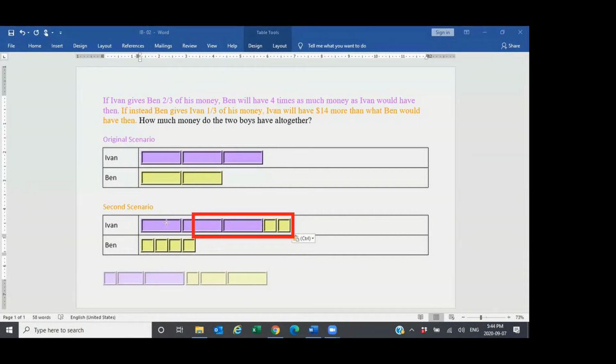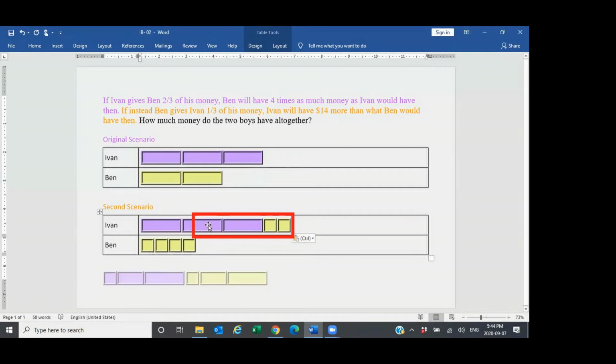Ivan has more, because each one is made up of 3 little squares. Ivan has 1, 2 of the squares. The other one is here with Ben. You can't really tell from my rectangle. It isn't that good. But it is there.